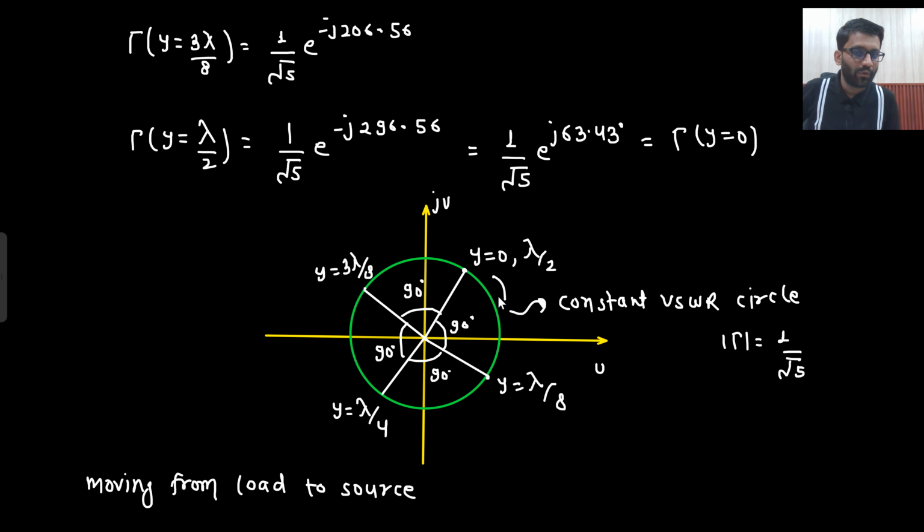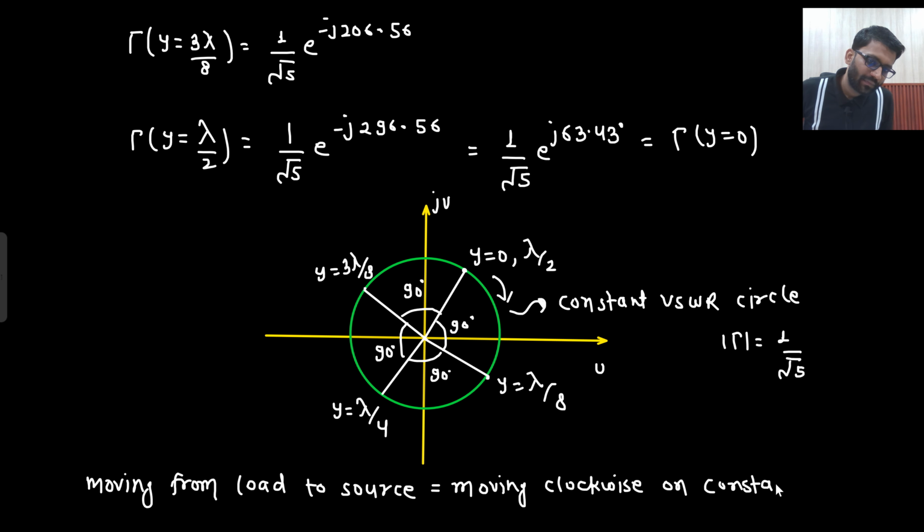That is equivalent to moving clockwise on the constant VSWR circle. Will you be able to remember it? Okay, so this we need to keep in mind. If I move clockwise on the VSWR circle, that means I am moving towards the source, from load to source. This example you can keep in mind.